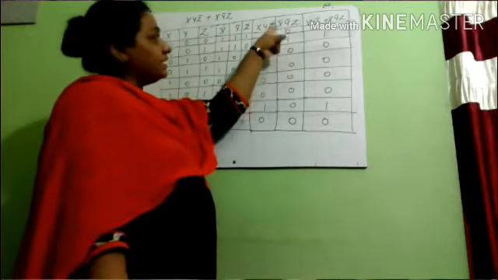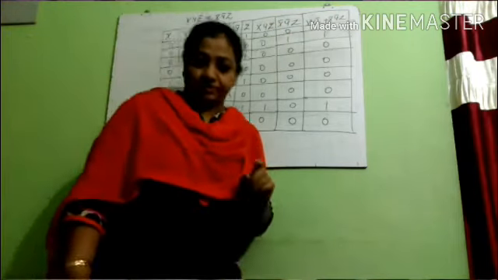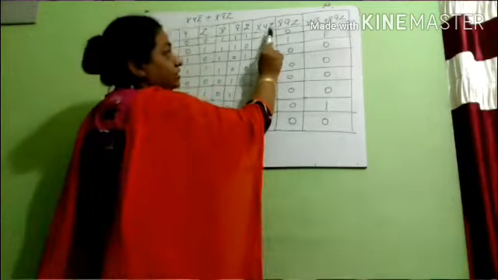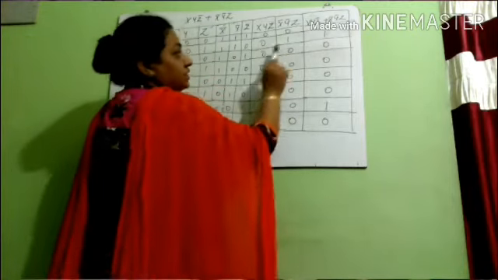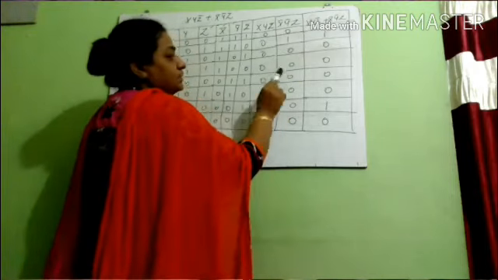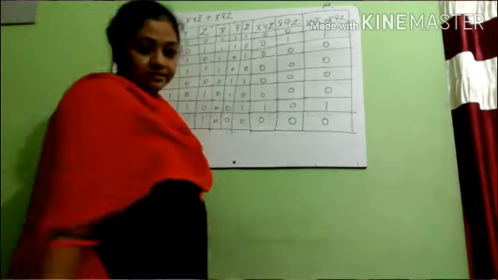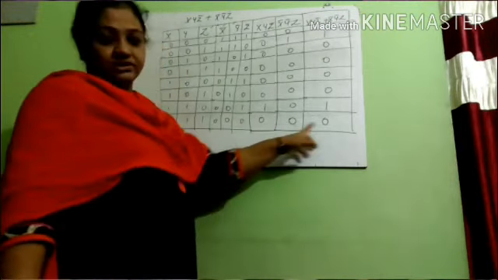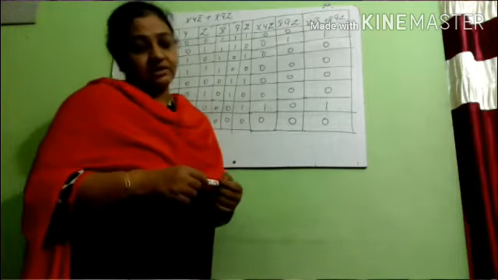Then we take this one: 0, 0, 0 is 0. 0, 1, 1 is 0. 0, 1, 0 is 0. 1, 0, 1 is 0. 1, 0, 0 is 0. 1, 1, 1 is 1. 1, 1, 0 is again 0.